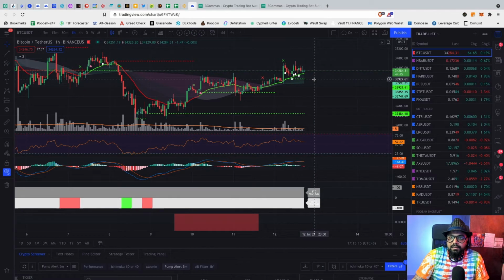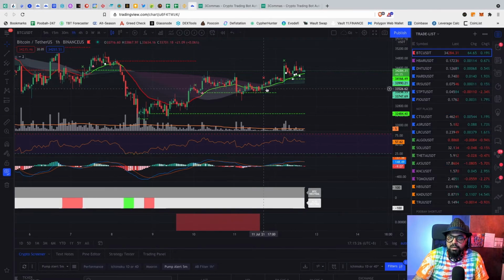So this is the next support level, which is at 33, and the other one is at 33,353. We are looking at the 1 hour chart. So we can see, like, since the past few days it's been moving within this range. And then if we want to be more conservative, this is the level that we could add funds at.